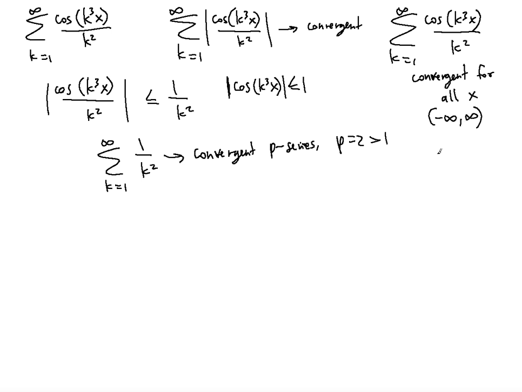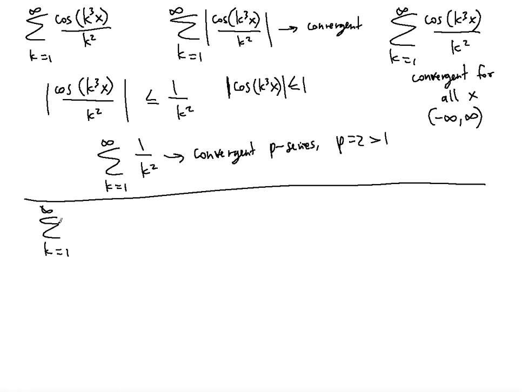Okay, so now we're going to differentiate this, and we're going to find the interval of convergence of the series of derivatives of the non-power series, right? So differentiating from k equals 1 to infinity, we take the derivative of this.